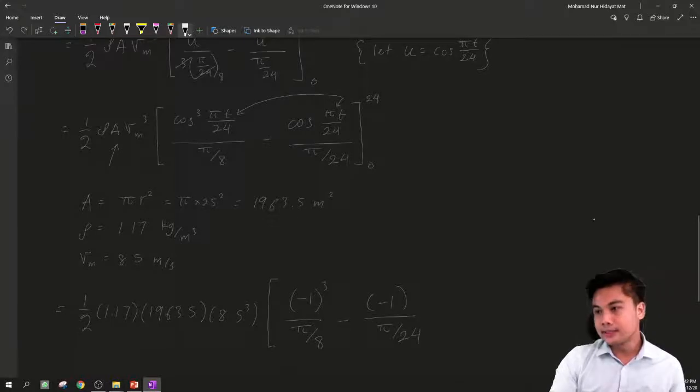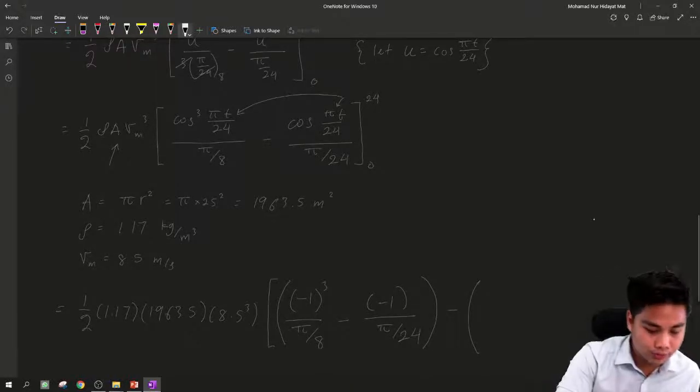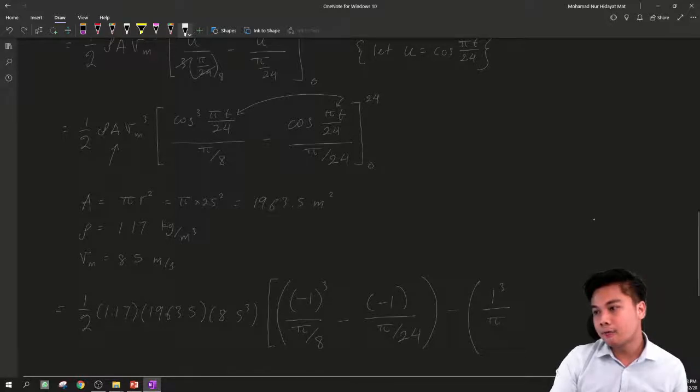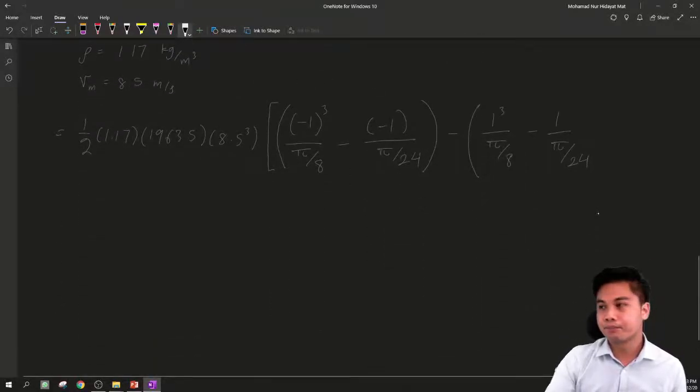This is for 24 hours, minus the term at 0. Cos 0 is positive 1, so 1 cubed over pi over 8, minus cos 0, which is 1, over pi over 24. This one here.